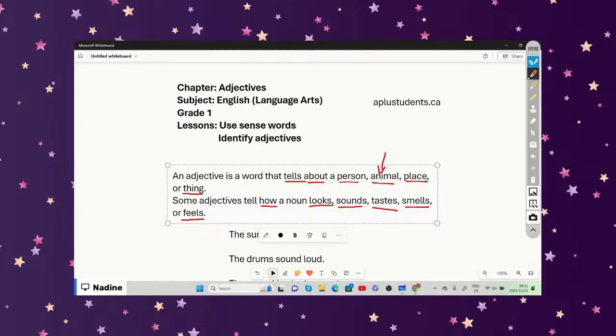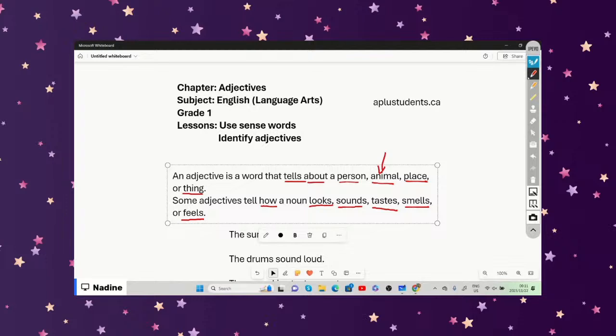And we call those sense words, and that is to do with our senses, right? Which is sight, hearing, taste, smell, and feeling. So that is our senses. And like we said, an adjective tells us about a person, animal, place, or thing.